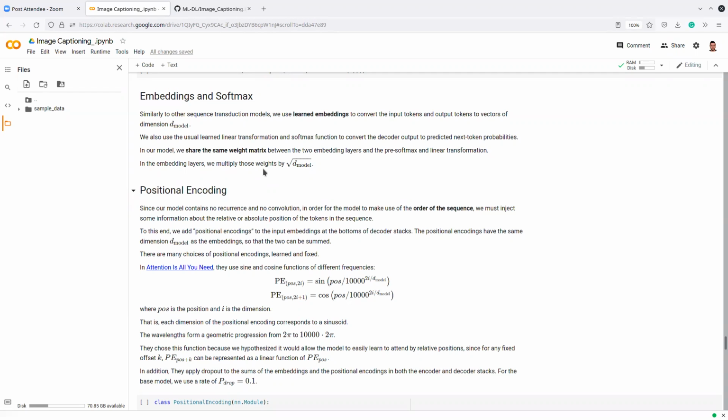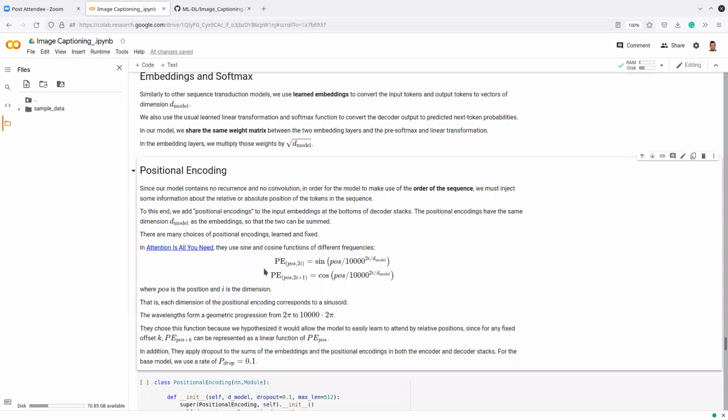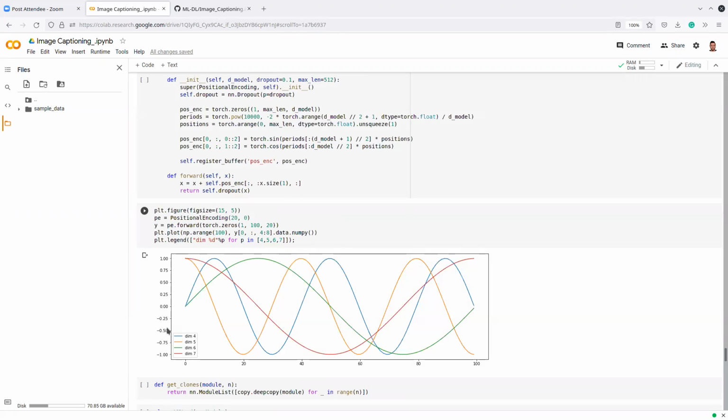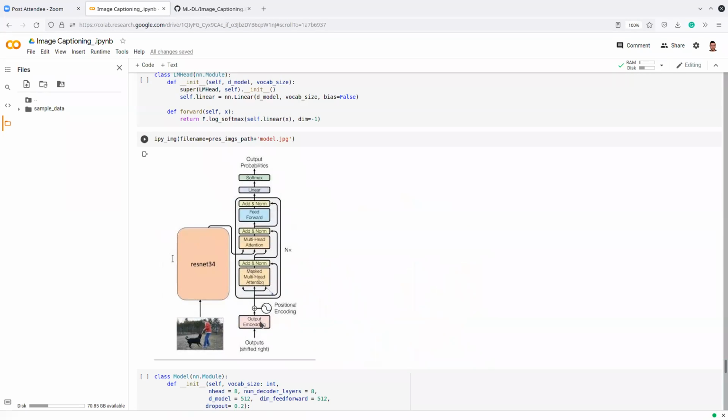But how can we provide this information to the transformer? The idea is by generating a positional encoding. We add a positional encoding to the different positions of the captioning sentence.